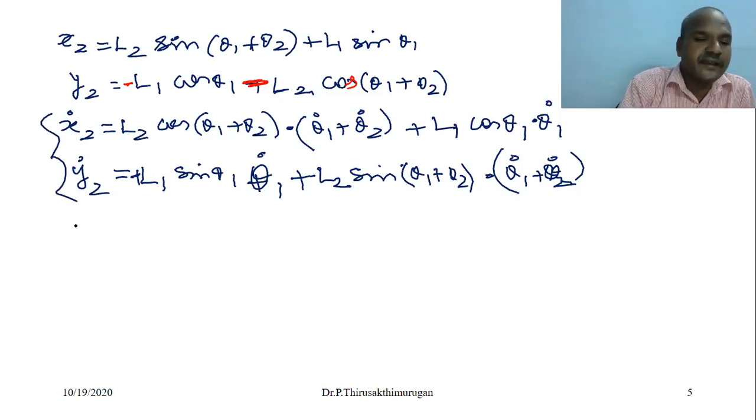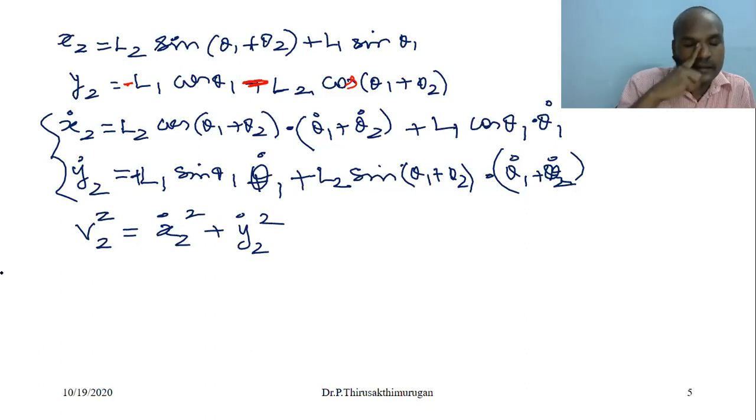So let us find the velocity V2. What is V2 square? X2 dot square plus Y2 dot square. So just square these two terms and add.